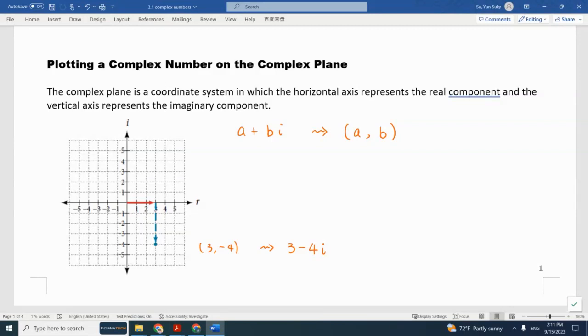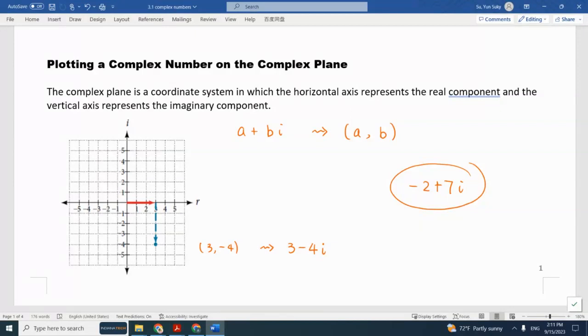Can you plot the point -2 plus 7i? How can you plot this point? You do -2 and go up to 7. I know, this is 6, so 7 might be here. So the point is here. Right?